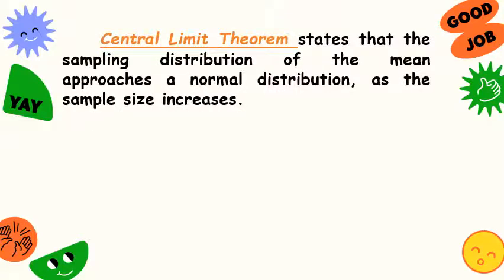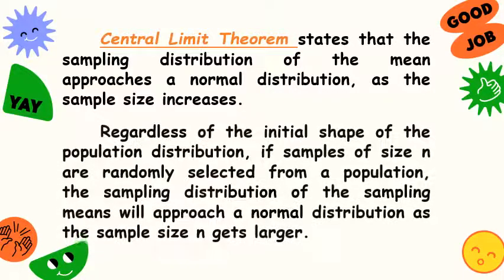Okay, so central limit theorem states that the sampling distribution of the mean approaches a normal distribution as the sample size increases. So, habang tumataas yung sample size natin, mas nagiging normal yung ating distribution.